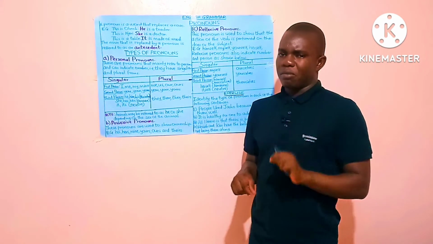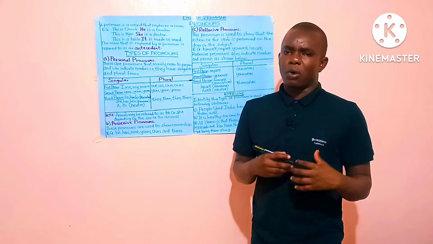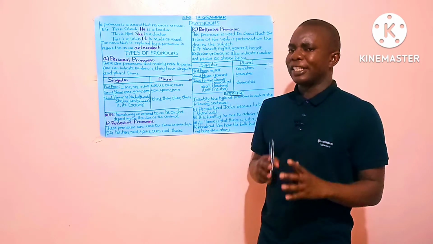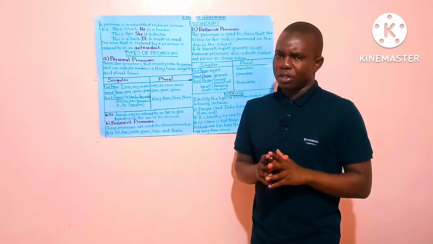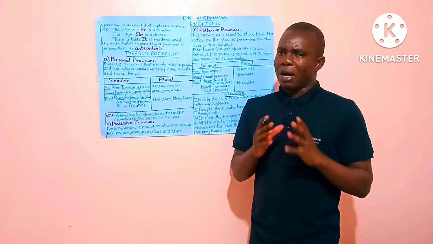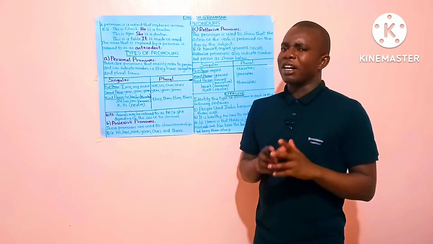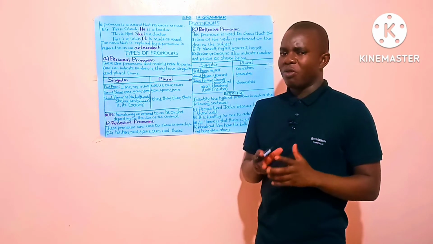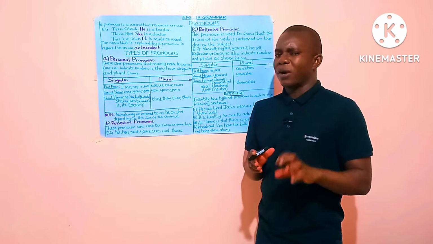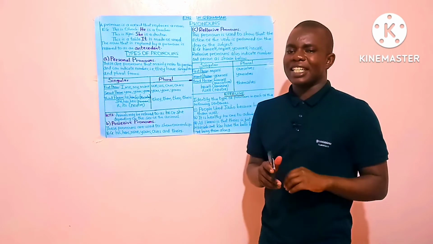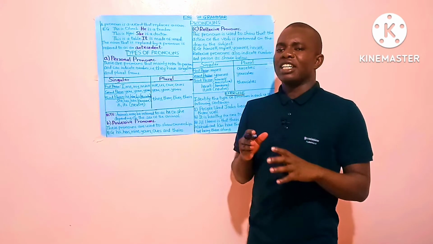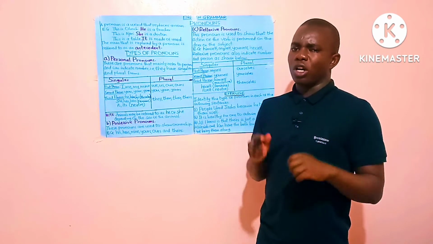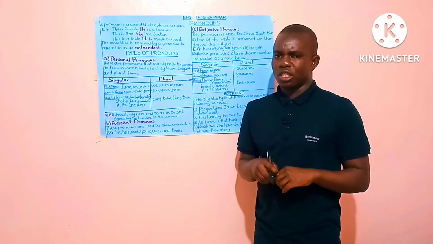From its name, personal pronouns are pronouns that refer to persons. Personal pronouns also represent number. That is, personal pronouns can exist in their singular as well as their plural forms.